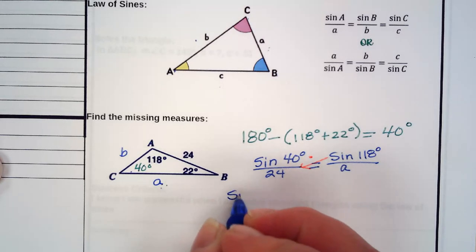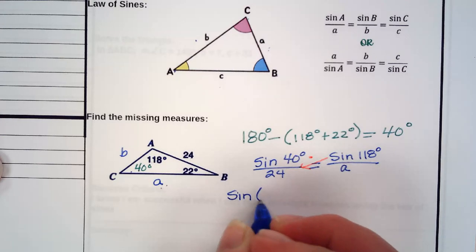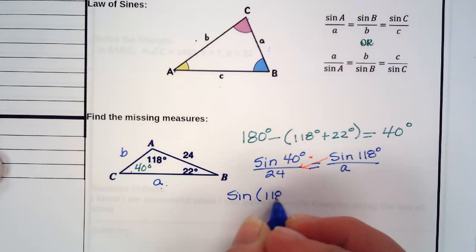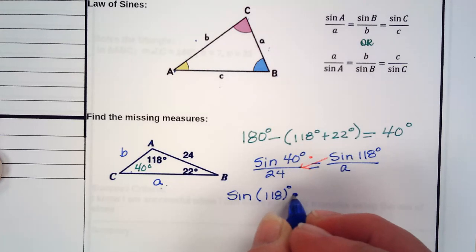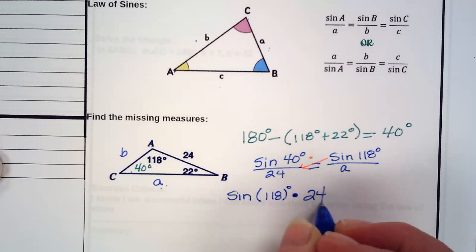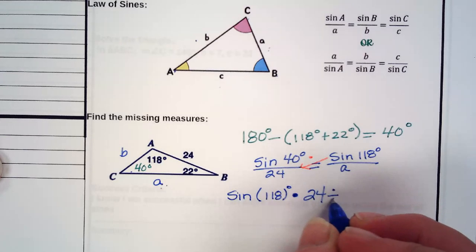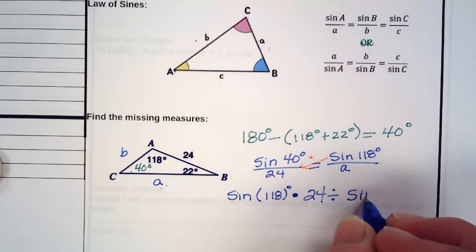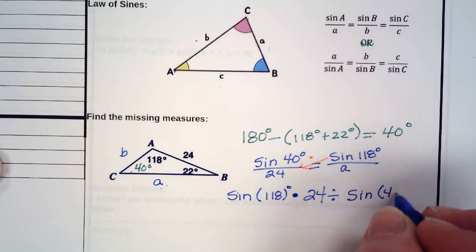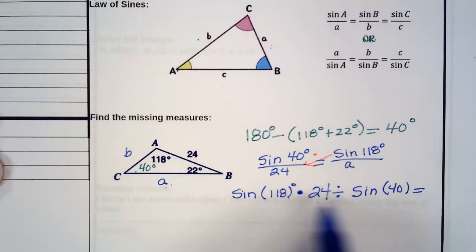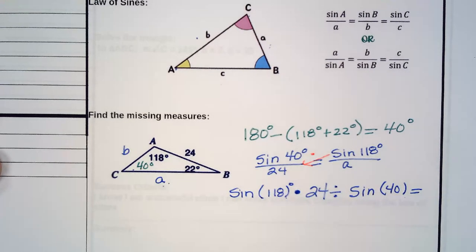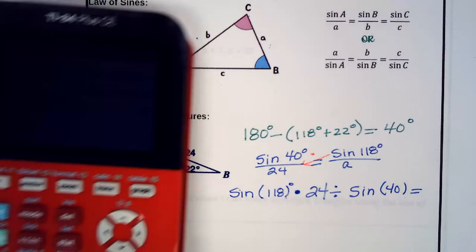So sine, parenthesis, 118, parenthesis, degrees, times 24 divided by sine, parenthesis, 40, parenthesis, equals. These two parentheses are what you have got to remember to put in.